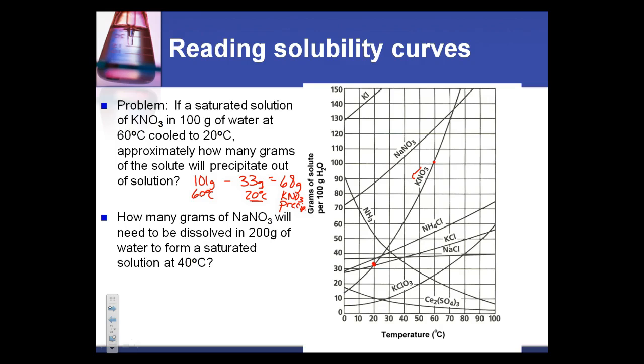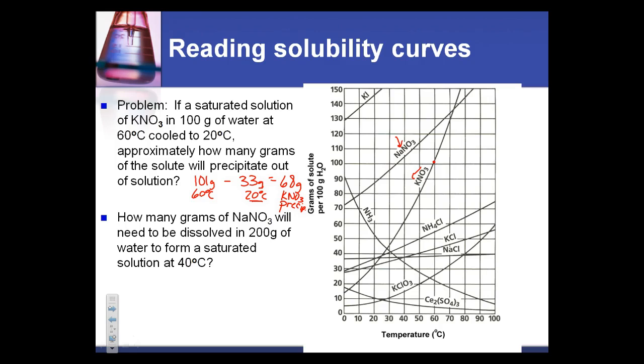All right. Now, the next question: how many grams of sodium nitrate will be needed to dissolve in 200 grams of water to form a saturated solution at 40 degrees C? So for this one, we're going to look for sodium nitrate, and it's up here.